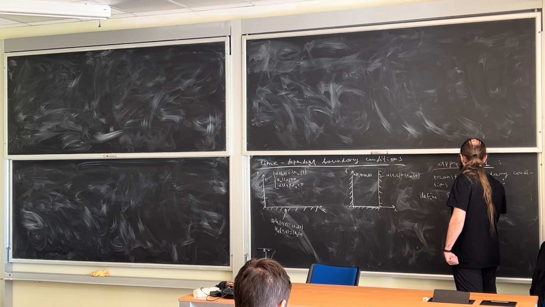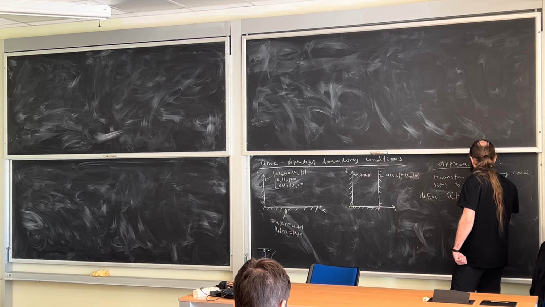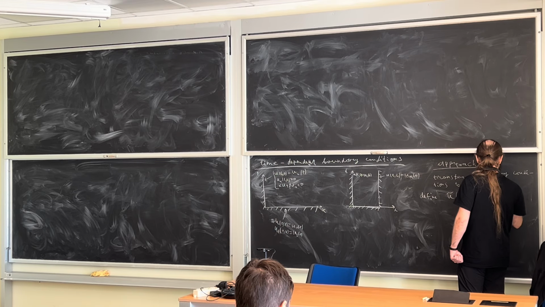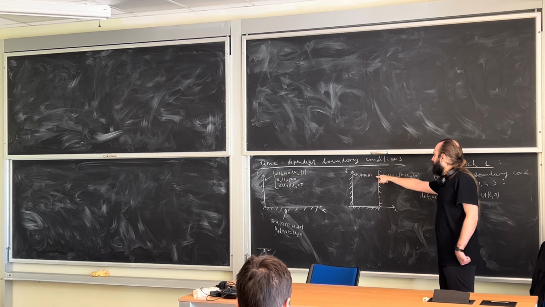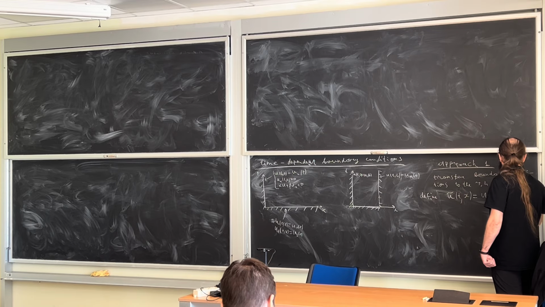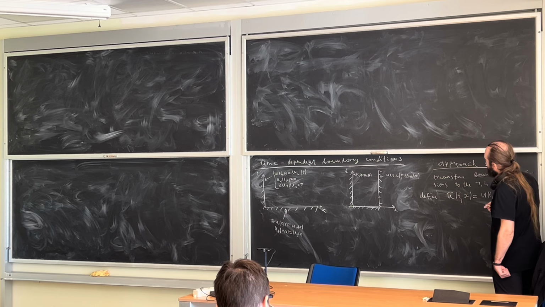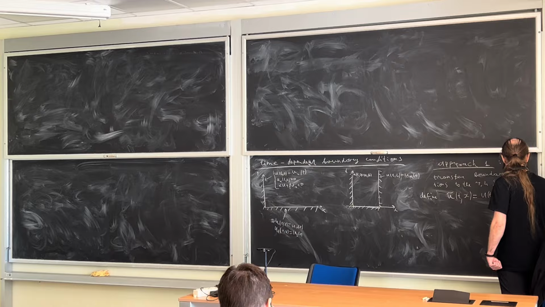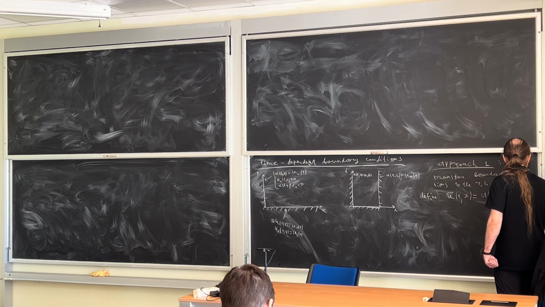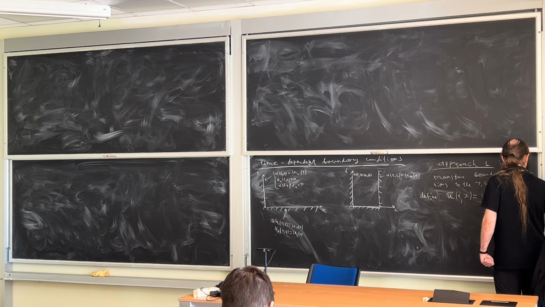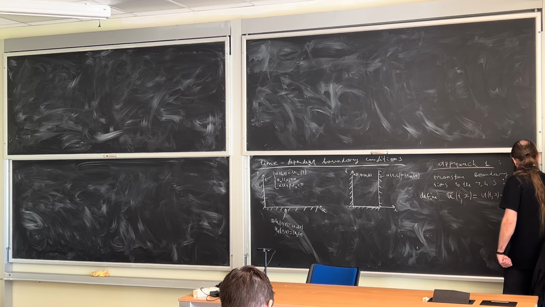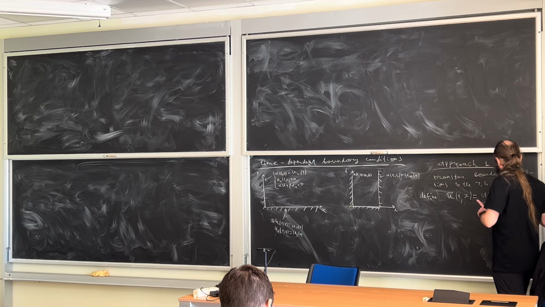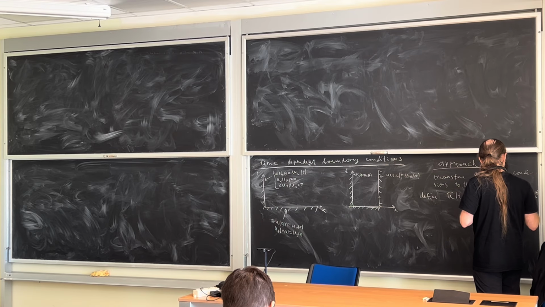u tilde of t and x equal to u of t and x minus u_L of t, minus (1 minus x over l) u_R of t. Sorry, not that simple.